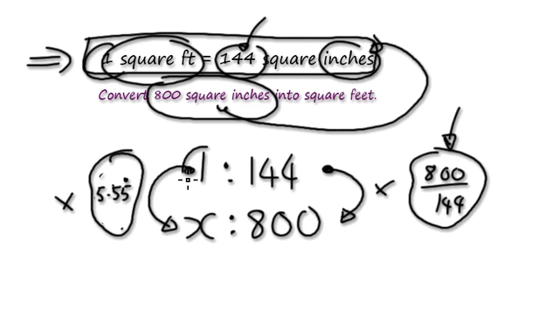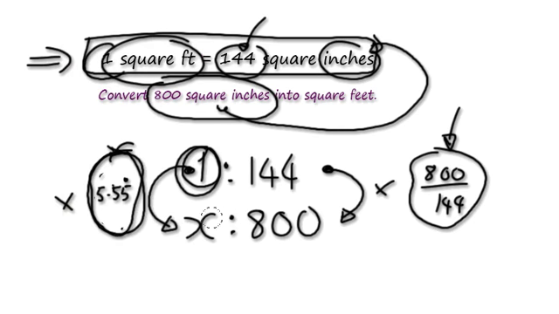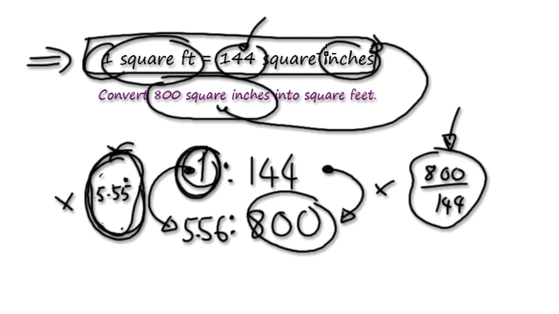So to work out x, you would start here and then times this multiplier. So 1 times this multiplier, 5.5555. So 1 times this will be 5.55. Let's round off to 6 here. So 800 square inches equals 5.56 square feet.